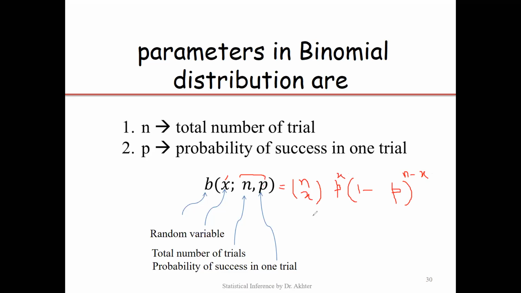And you should write down all values of x as well, because if the function is there, the limit must also be there. The values of x are 0, 1, 2, up to n. This is the formal description of a binomial distribution.